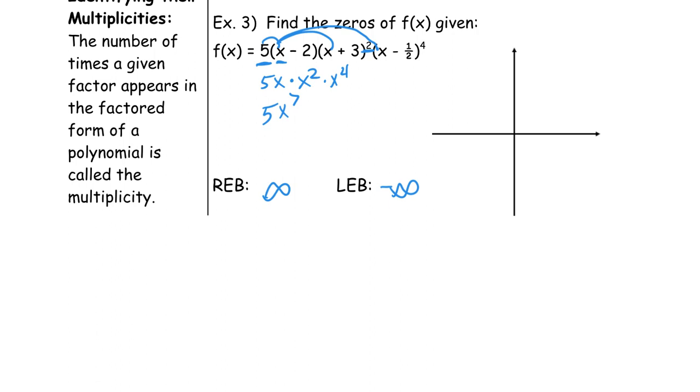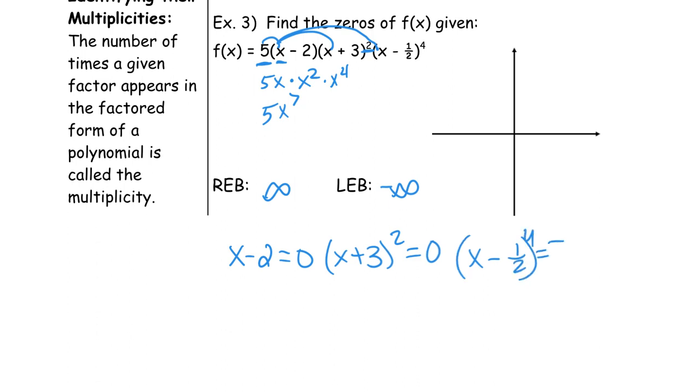Okay, now let's figure out what each of these roots are. Do I need to set 5 equal to 0? Is there a variable? If there is not a variable, you do not have to worry about it. So we're going to take x minus 2 equals 0, x plus 3 squared equals 0, and x minus 1/2 to the 4th power equals 0.